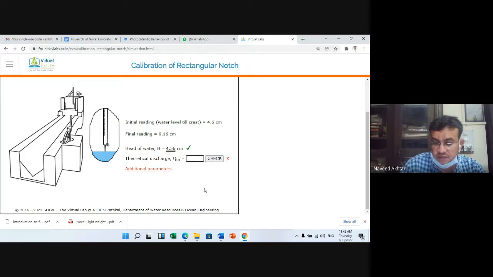That should be remembered. Put the values in meter, and the value of CD you can take here as 0.6. Put the values and find out the discharge.